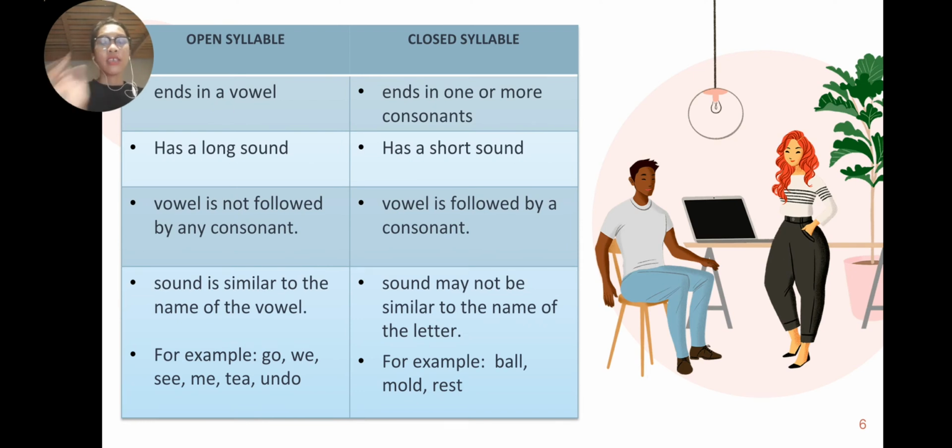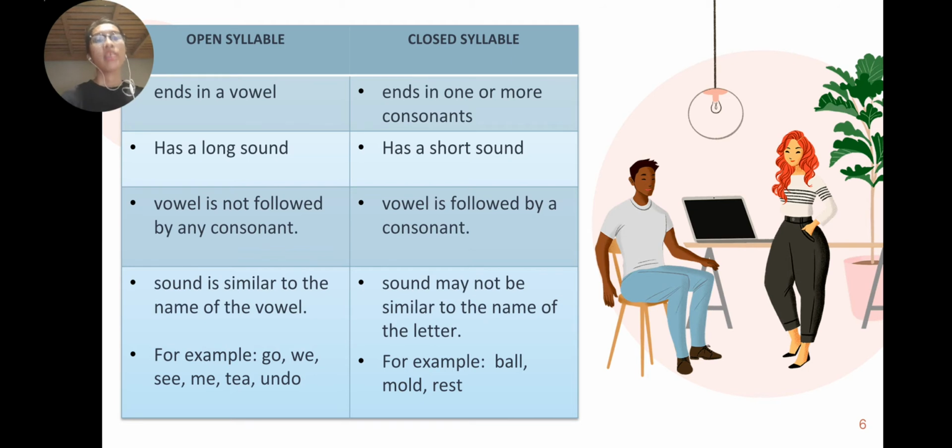As you can see on the table, we have open syllable on the left and closed syllable on the right. So we have their specific differences. They differ in the ending, the form, and the sound of the vowel. First, the ending.